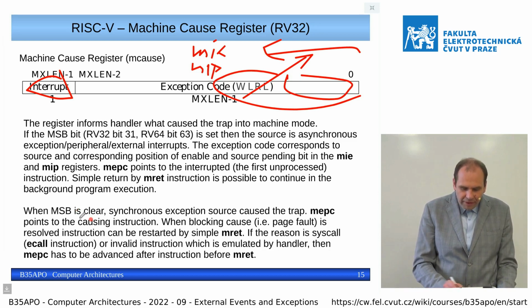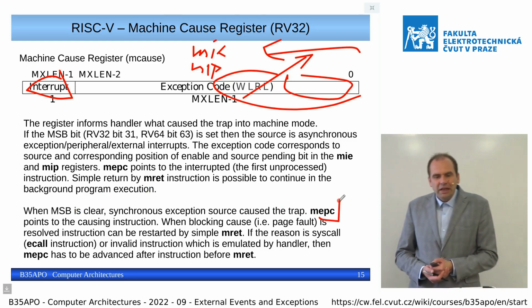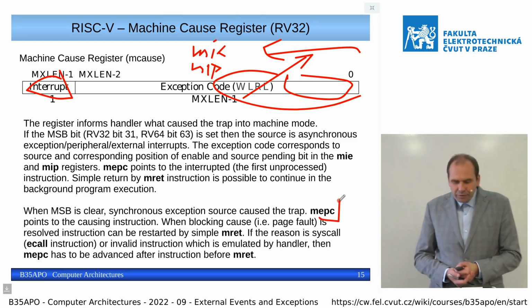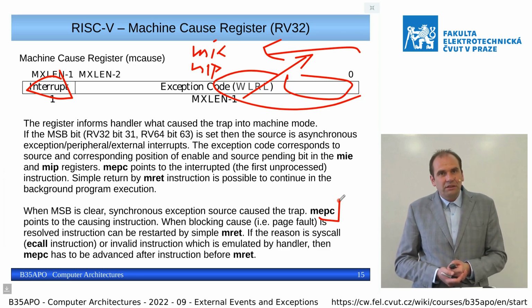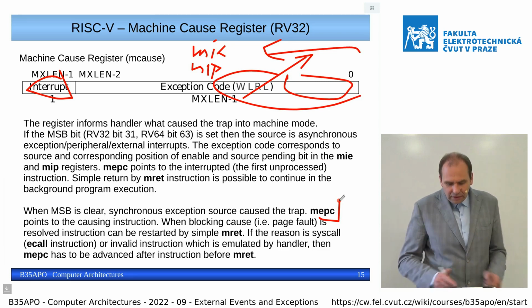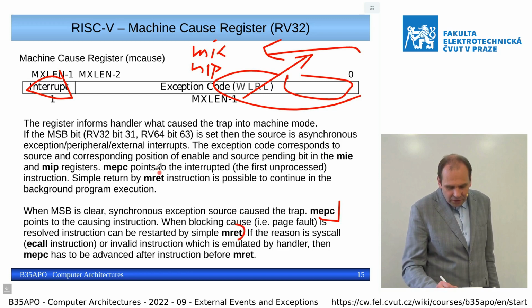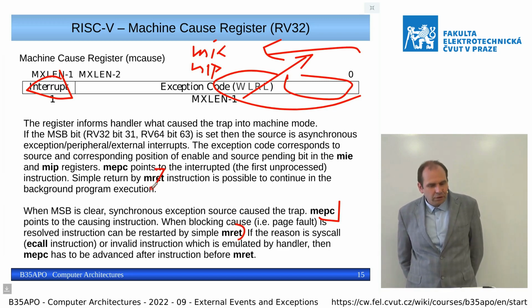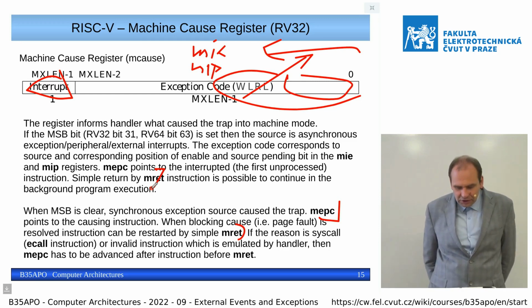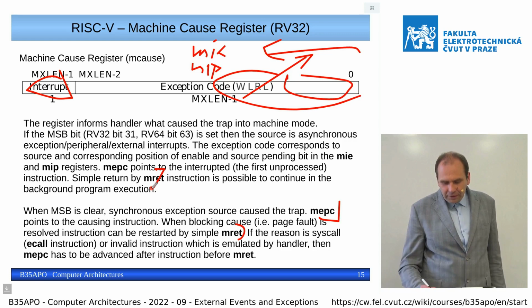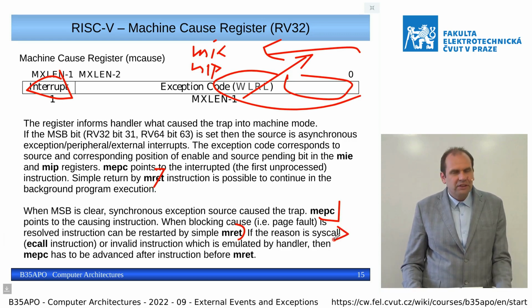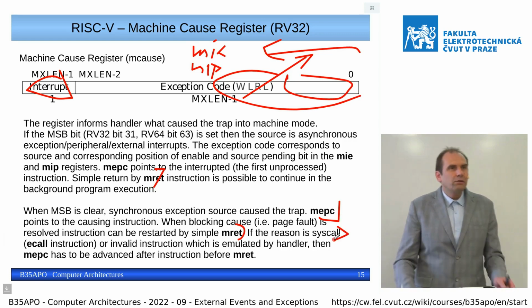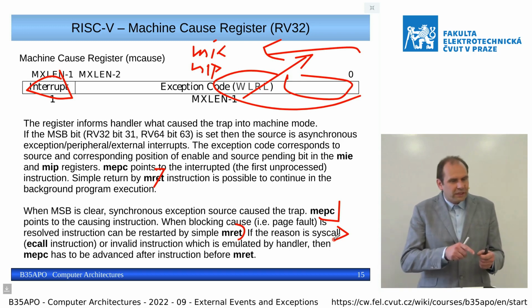And if the MSB is clear, then it is a synchronous exception. In such a case, when you, for example, correct the setup, then you can return with mret. In the case of an external interrupt, again, you can continue the program by the mret instruction. But if, for example, the reason is a syscall, then you do not return to the syscall again, because it would invoke you again.